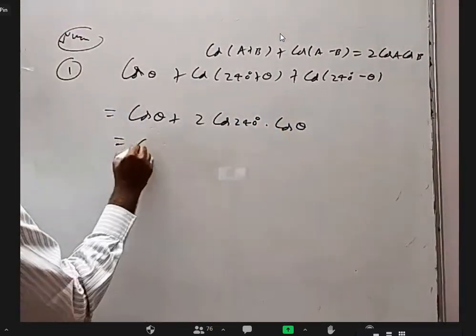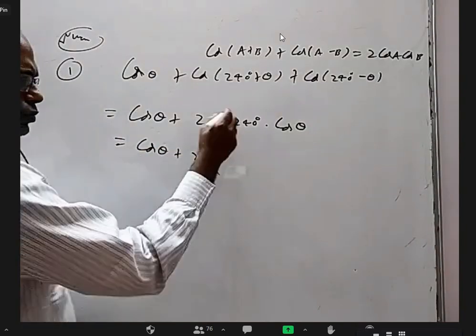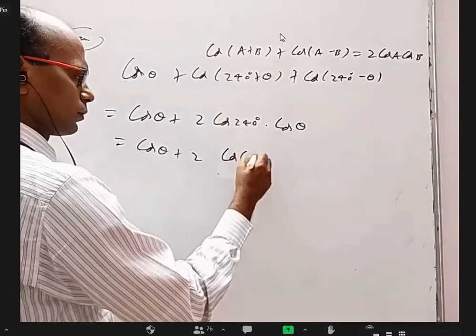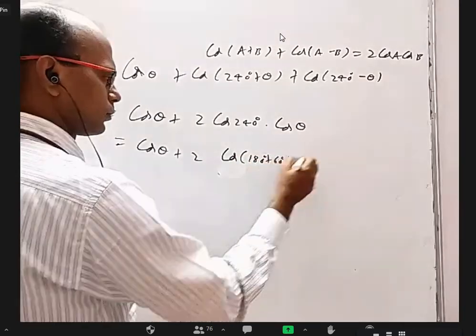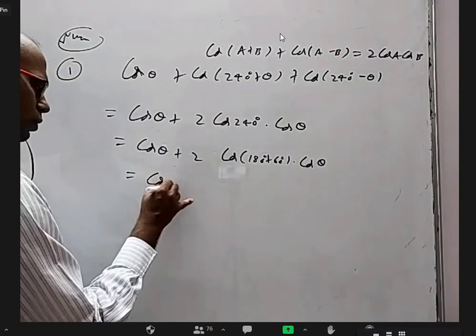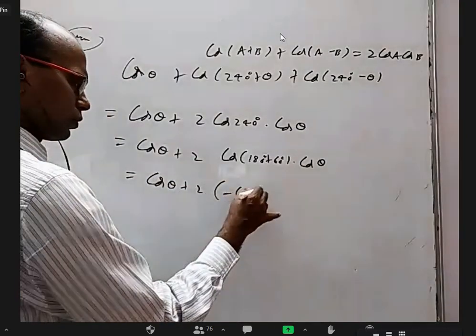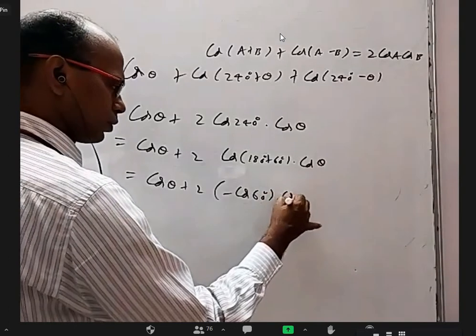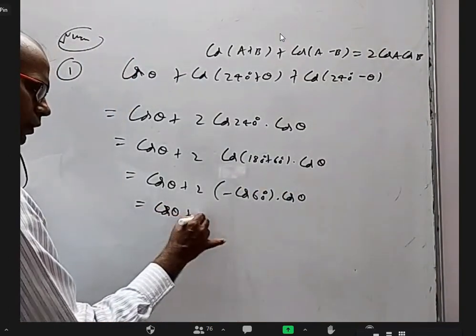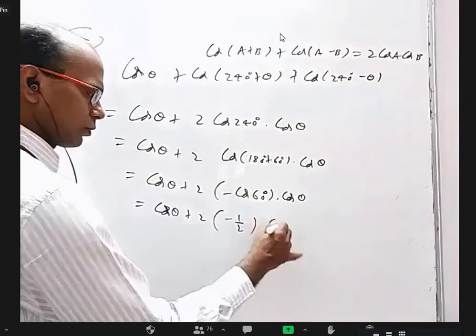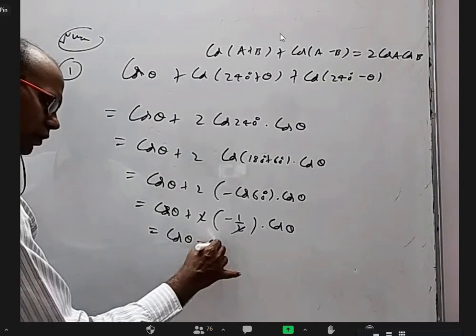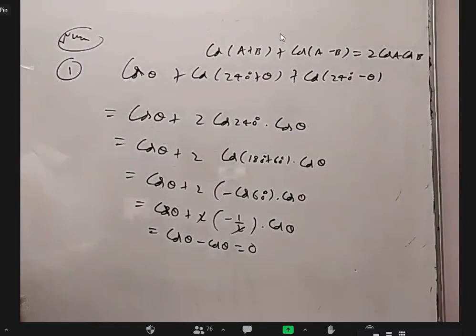Cos 240 degrees you can write as cos of 180 plus 60, that is minus cos 60, which is minus 1/2, into cos theta. 2 and 2 will cancel. We get cos theta minus cos theta, which is 0.